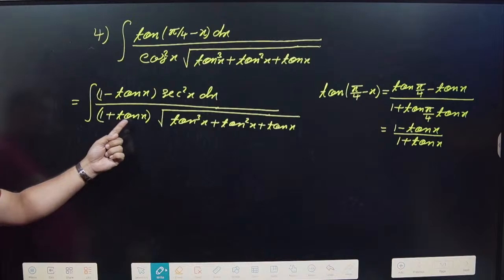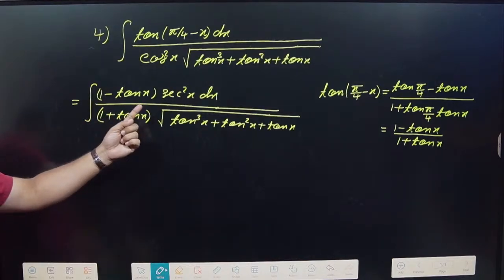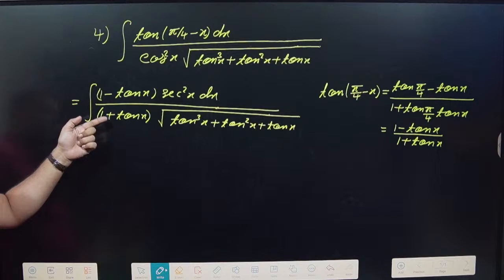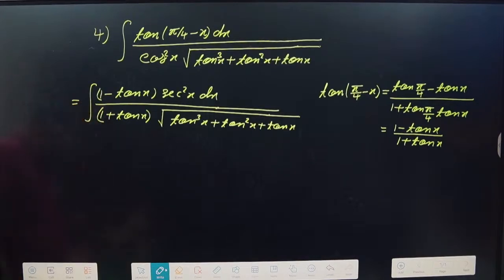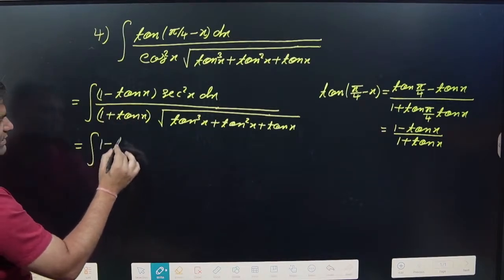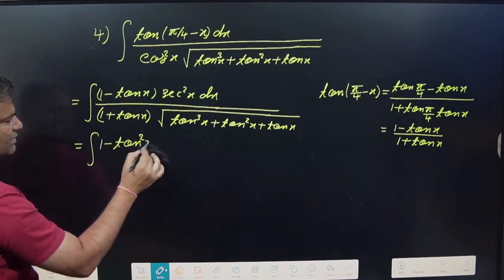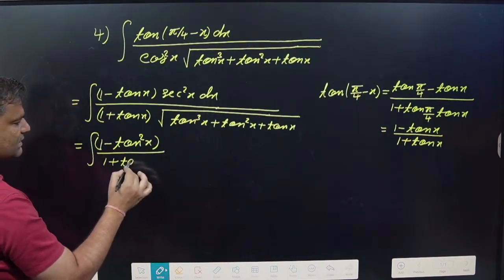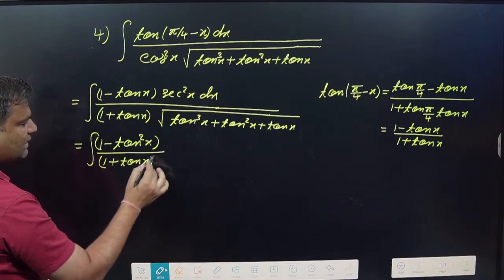Here 1 plus tan x and here 1 minus tan x, so if we multiply by 1 plus tan x, this is written as 1 minus tan square x upon 1 plus tan x the whole square.